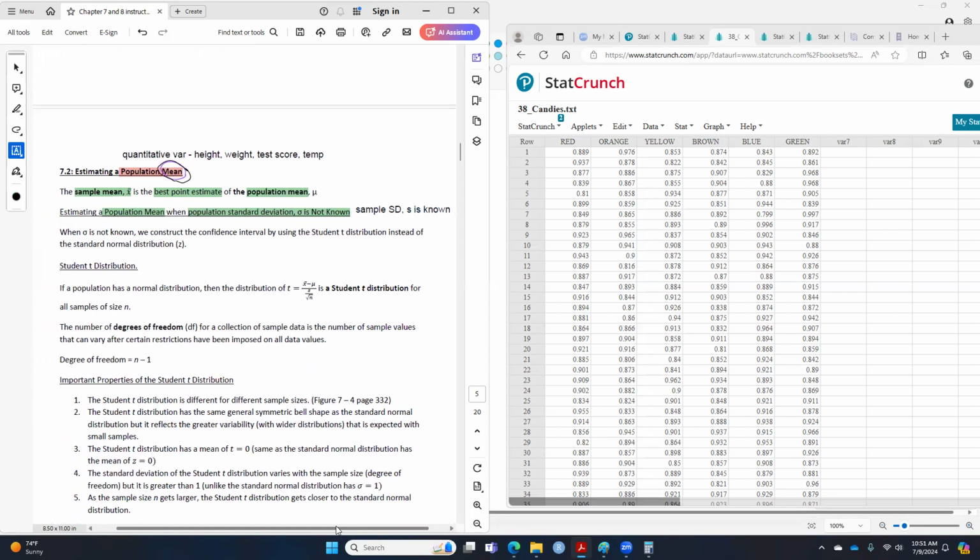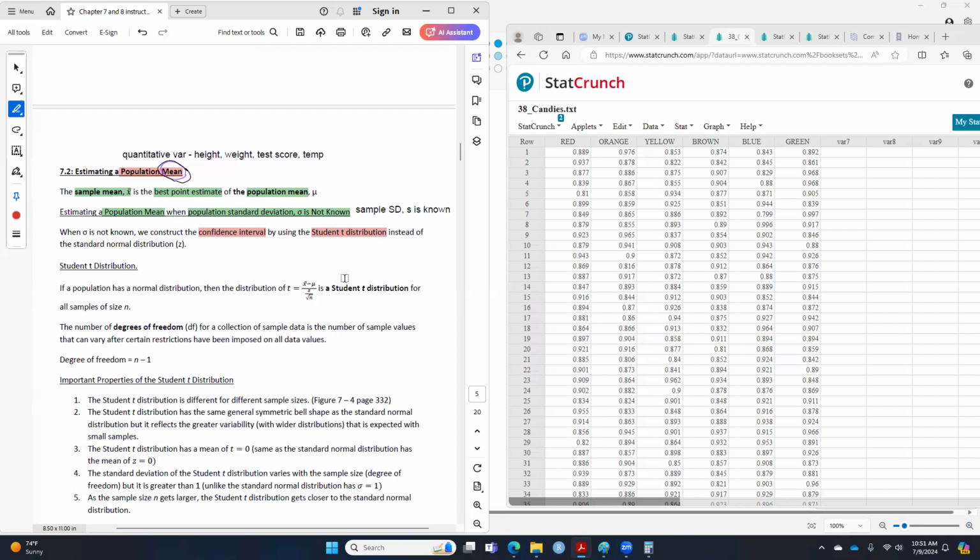For this kind of confidence interval, we have to introduce a new distribution: the student T distribution.